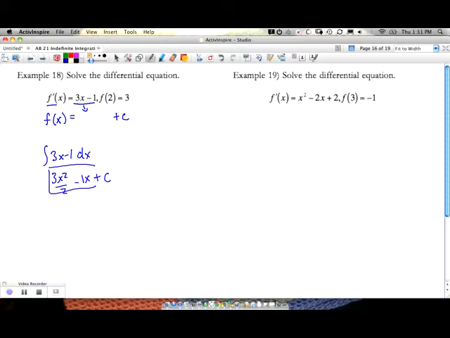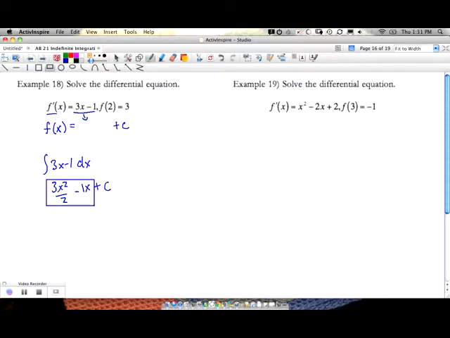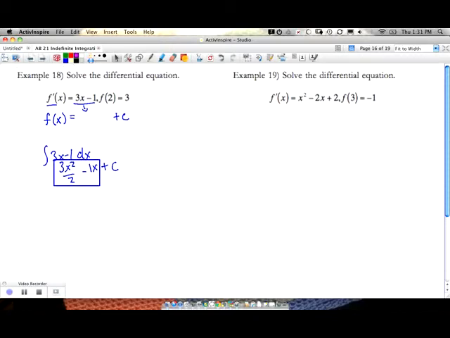So right here, I need to put this piece in there. Let's make that a little bit cleaner. Make it an official box. Here we go. This piece right here needs to go, oops, take that back. This needs to go up here. So we're going to have 3 halves x squared minus x plus c.